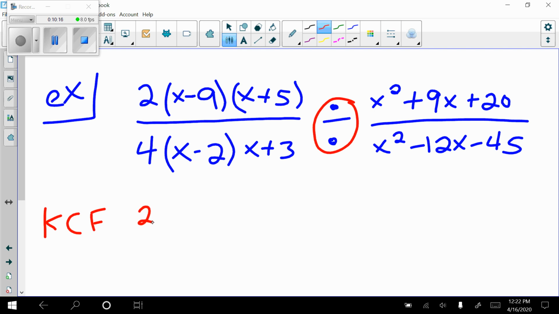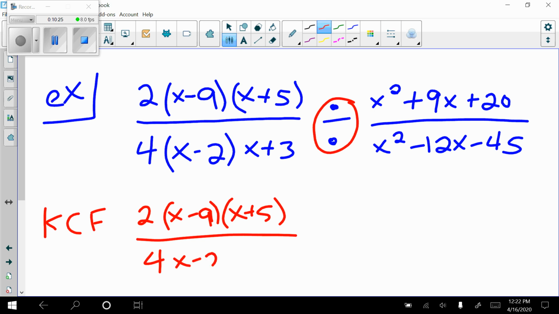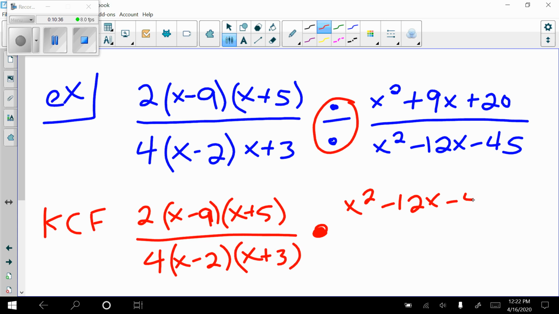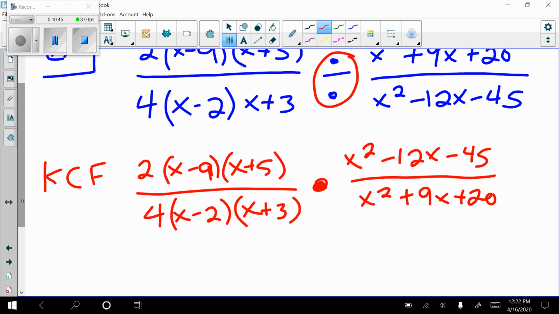So this is going to give me the first fraction still the same, and then I'm changing it into multiplication where the second fraction is now flipped. So then my next step would be I can factor the quadratics.